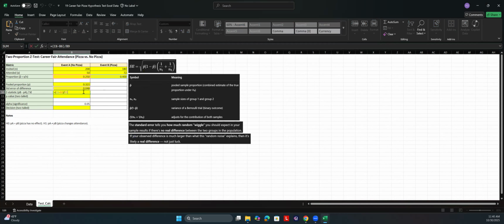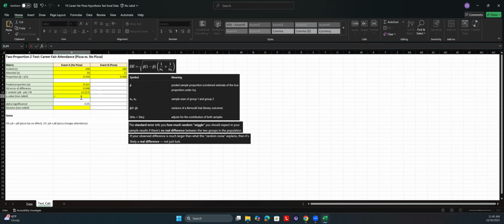Okay. And actually, I think it's better to just put first the current situation, which is no pizza event minus pizza event. Instead, the no pizza events, you can see three standard errors on the left of the pizza event.